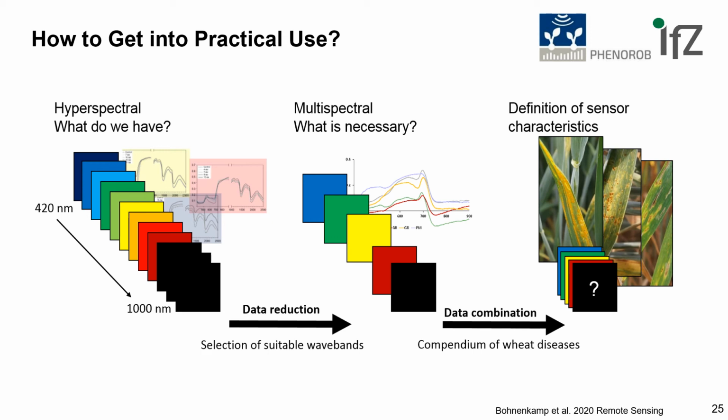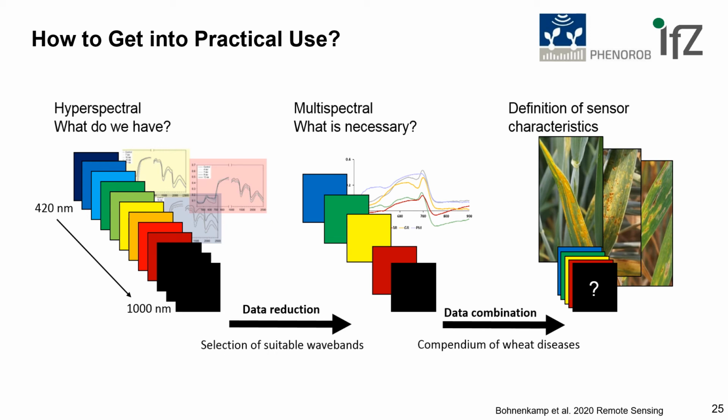So it is a very important question to ask whether it is important and necessary to measure with a hyperspectral sensor for practical use. So it could be an idea to assess in a scientific approach hyperspectral reflectance patterns to identify the most relevant wavebands and to reduce the complexity of the data to a multispectral data set with the most relevant wavebands.